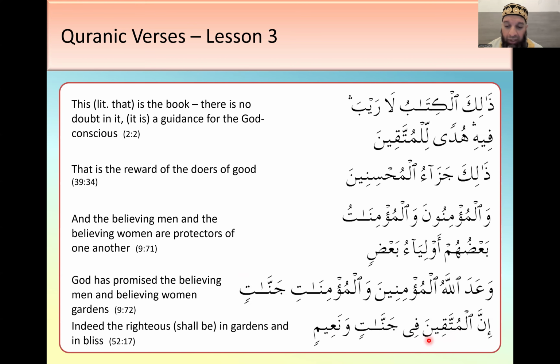What is inna doing? Indeed, the righteous ones. Muttaqina is righteous ones. It's the male plural, but there's no feminine version mentioned here, so you won't say the righteous men, because there are no righteous women mentioned after it.